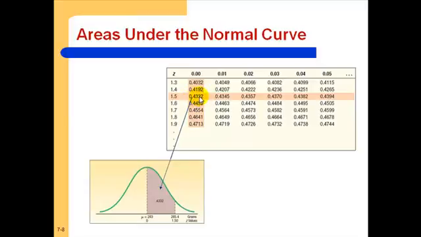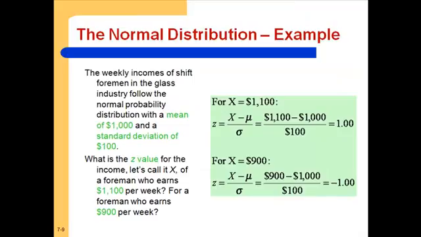So this 0.4332 is the area under this curve. It also means the probability is 0.4332, a 43.32% probability that the value is going to fall into this range. Okay, let's check this out.